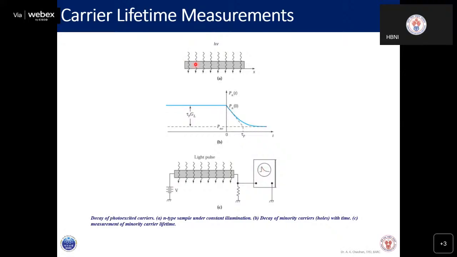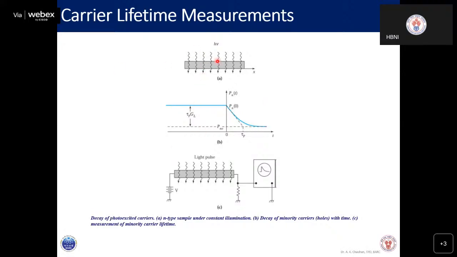But as soon as I start illuminating it, now there will be electrons in the conduction band. Voltage is already applied, so those electrons will conduct and a current will start to flow. This current we can keep on measuring.